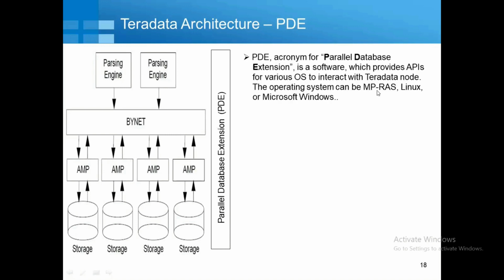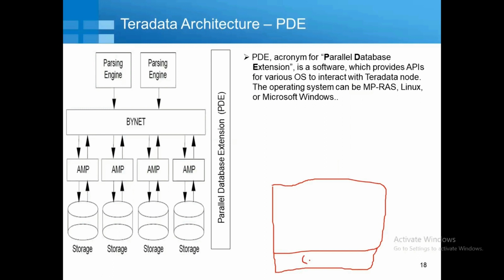Interaction between OS and database. What about Windows? On Windows we can run this. So here I have installed it on Windows, right? But in real time, it will be installed on Unix only, not on Windows. On Windows, we have only the client. For example, this is the database server, and it will be mounted on the Unix OS.